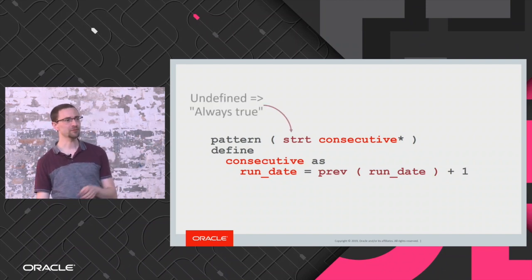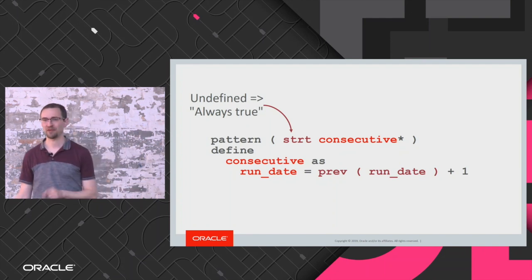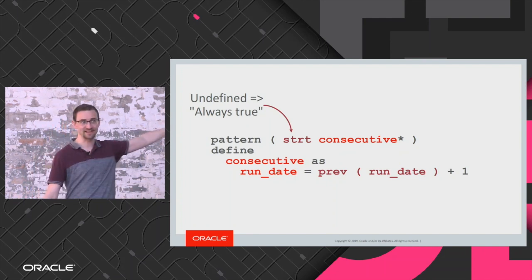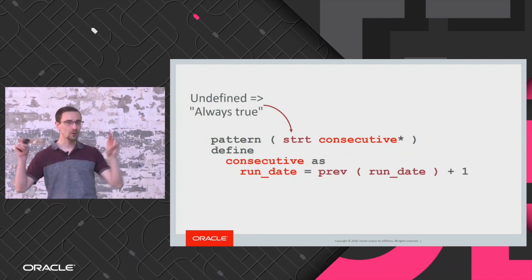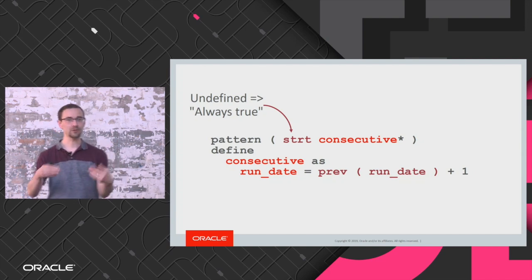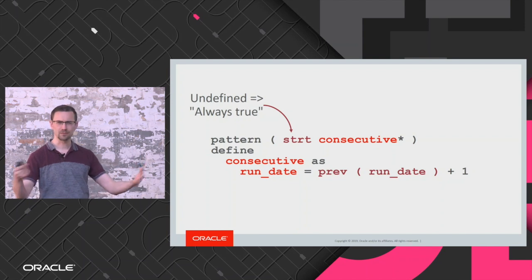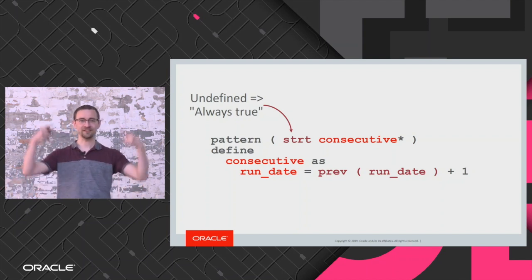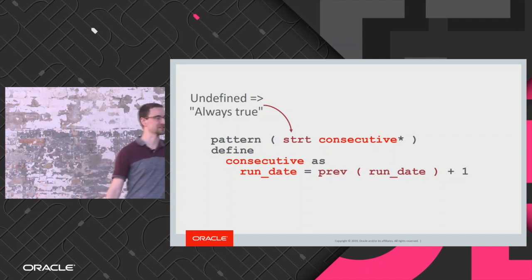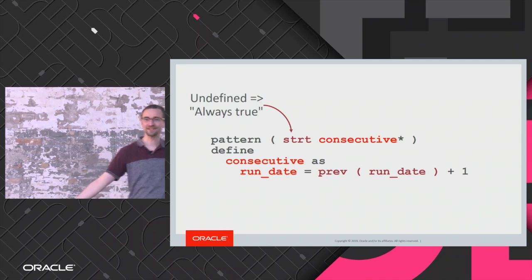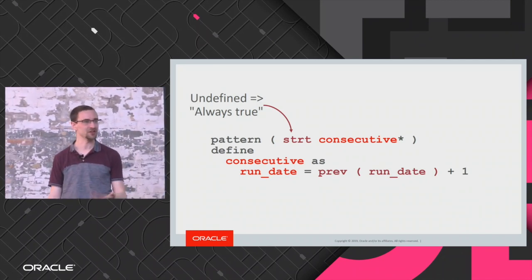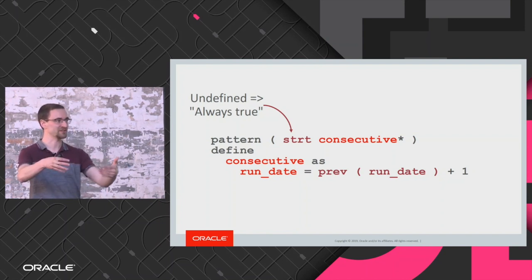Well, you can put any variable you want in that pattern, and any that don't appear down here in the define clause are always true. So the first row we come to in the data set will match that start variable. And you go, well, why did we do that? Well, think about the first row in the data set. What value does previous have for that first row? Null, right? This saves us a bit of messiness and null checking when we get to an initial data set.